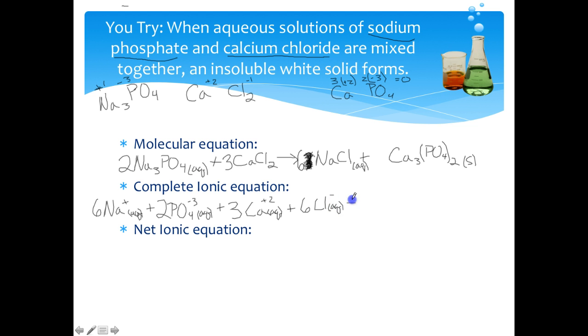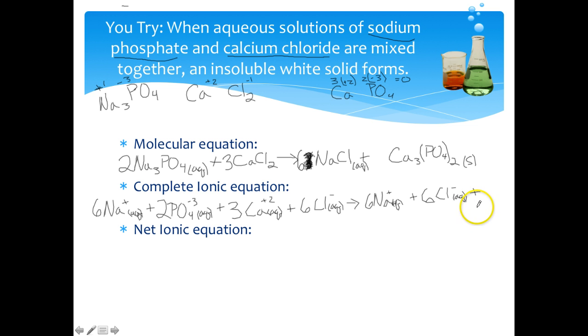And now I can do the arrow, and I now have, this one is aqueous, so that means it's separated out. 6 Na that are aqueous and have a positive 1 charge, plus the 6 chlorines, negative charge, aqueous, plus my calcium phosphate.